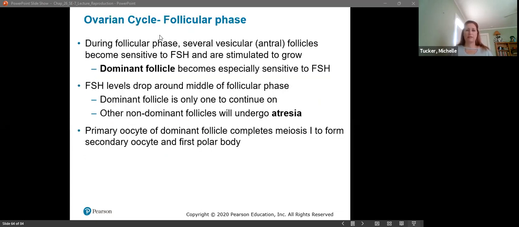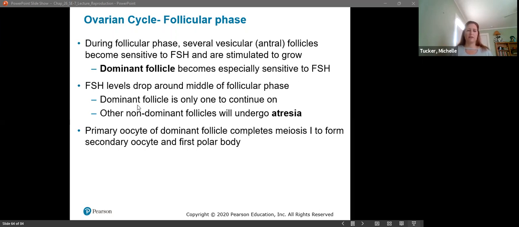During the follicular phase, several follicles become sensitive to FSH and are stimulated to grow. The dominant follicle becomes especially sensitive to FSH. FSH levels start to drop around the middle of the follicular phase, and this is because they're left over from the preceding phase.